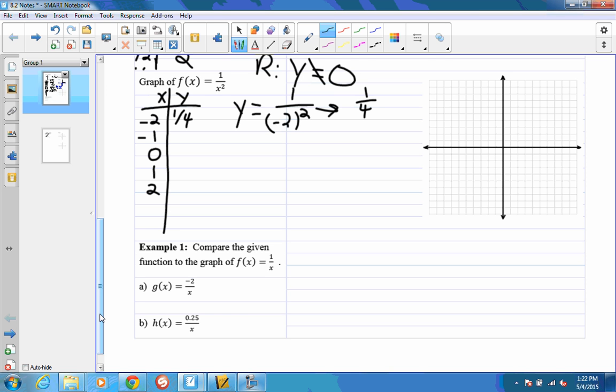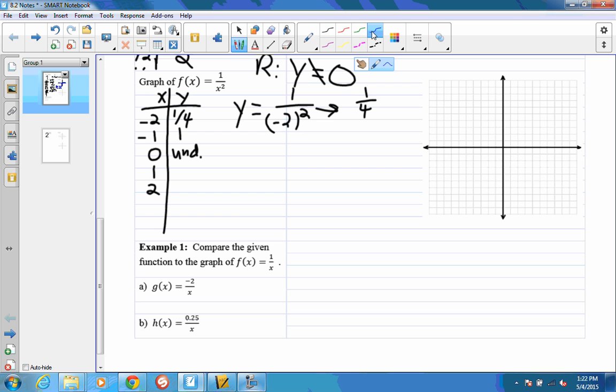-1. What's -1 squared? Just 1. So 1 over 1 is 1. All right, 0. What is 0 squared? 0. Meaning I still have a 0 in the denominator, so the value for 0 is undefined again. Let's stop right there, where I get an undefined value, and draw my asymptote.